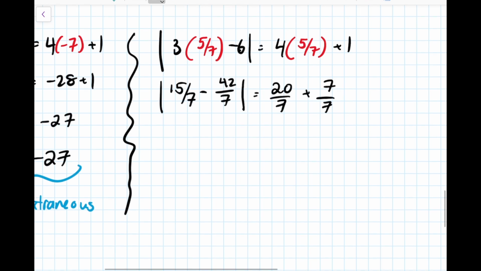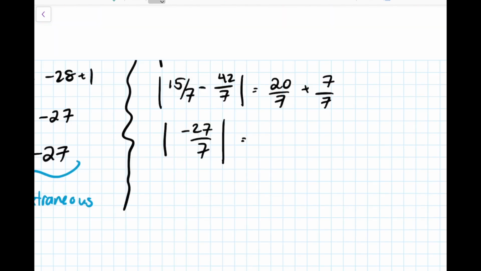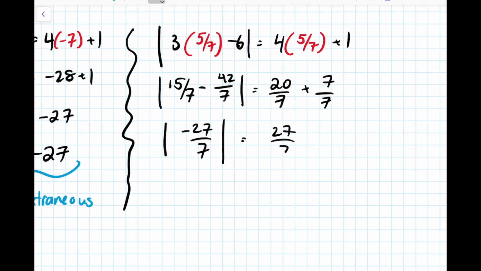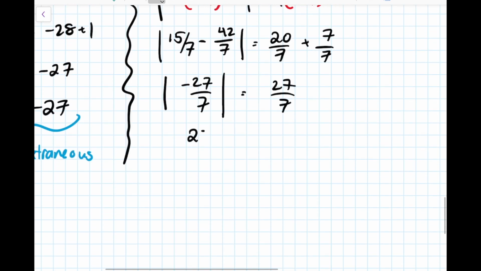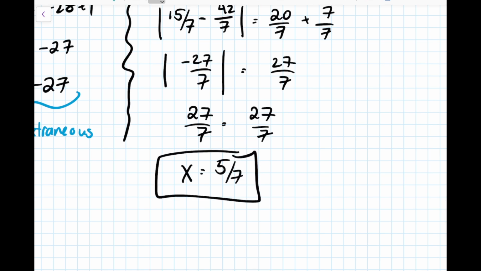And so what I get here is on the left, we have -27/7, and on the right, we have +27/7. So when we do that absolute value, we end up with 27/7 equals 27/7, which is great. And so our second solution here of x equals 5/7, that one's totally valid. It's a good answer, and that is the solution to our equation.